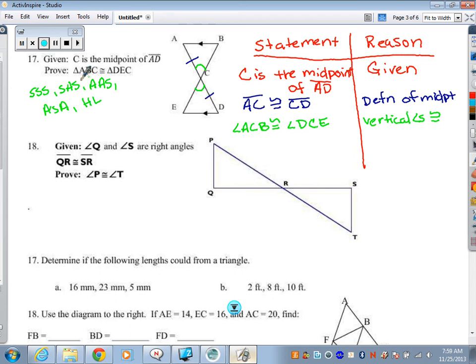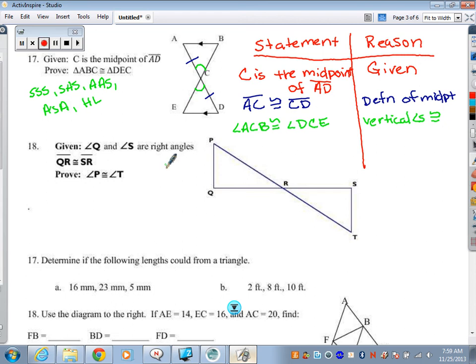So at this point in time, I'm pretty sure side, side, side won't work because I've got an angle here. So I can either try to figure out another side, which in this case, if I was going to do side, angle, side, it would be side, angle, side. Can I prove this side is congruent to that side? Remember, the given does not say that C is the midpoint of BE. So no, we cannot prove that this side is congruent to this side.